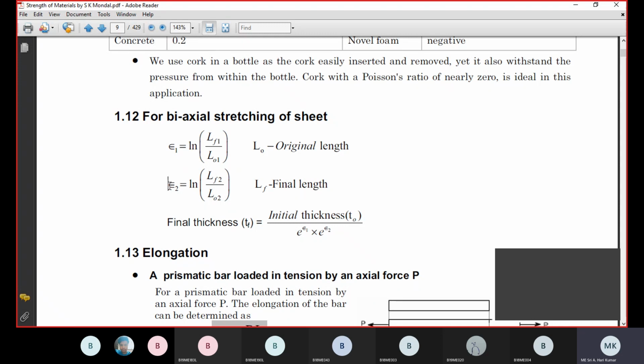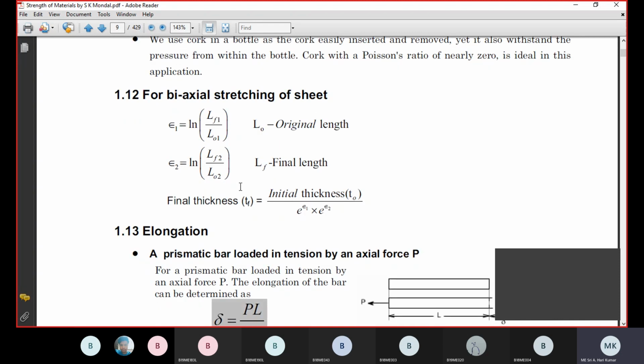And if this is a transverse strain, this should be linear strain. Or if it is taken as linear strain, this becomes lateral strain. It depends on the load application direction. And final thickness is initial thickness by e to the power epsilon 1 into e to the power epsilon 2.